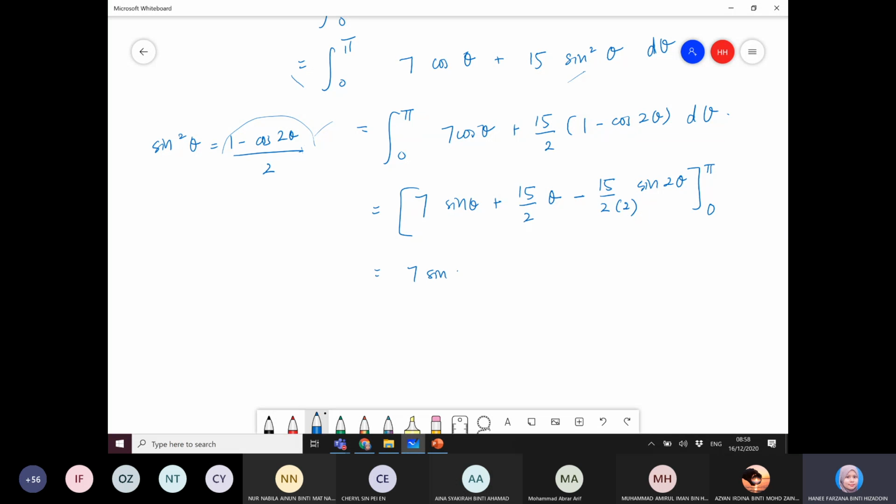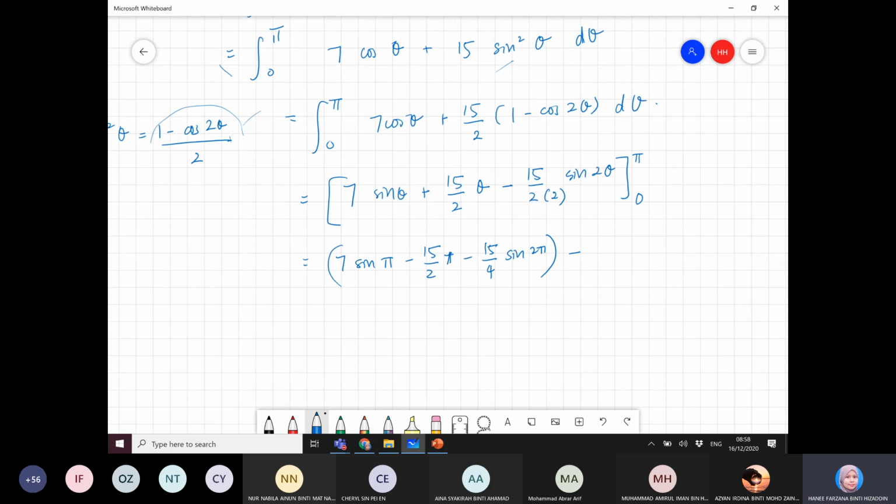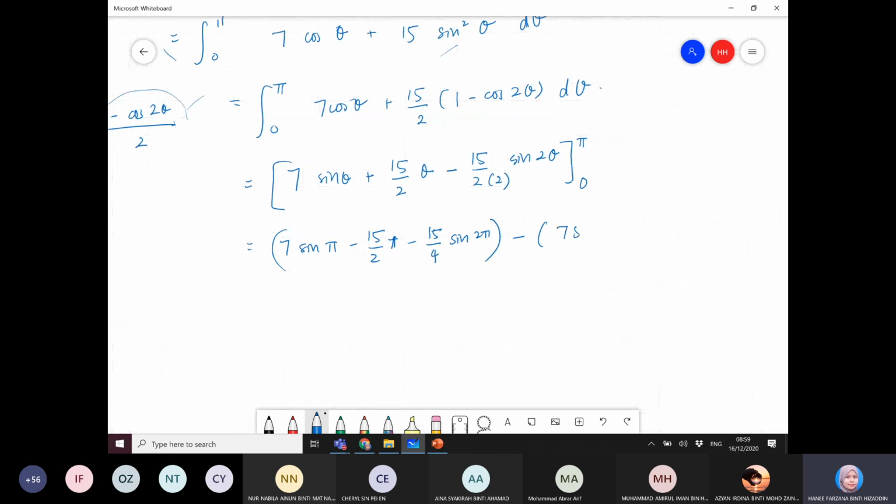7 sine pi plus 15 over 2 pi minus 15 over 4 sine 2 pi, minus, 7 sine 0 plus 15 over 2 times 0 minus 15 over 4 sine 0.